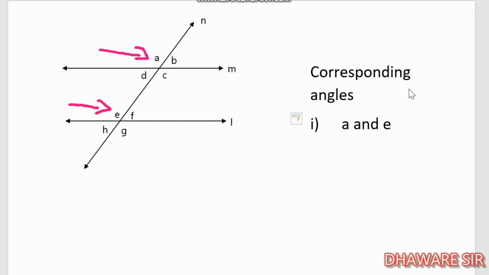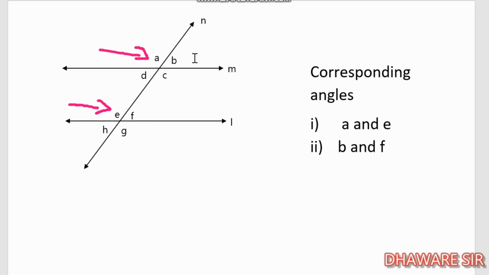Now the second pair we can write here as B and angle F. Here are the two angles.